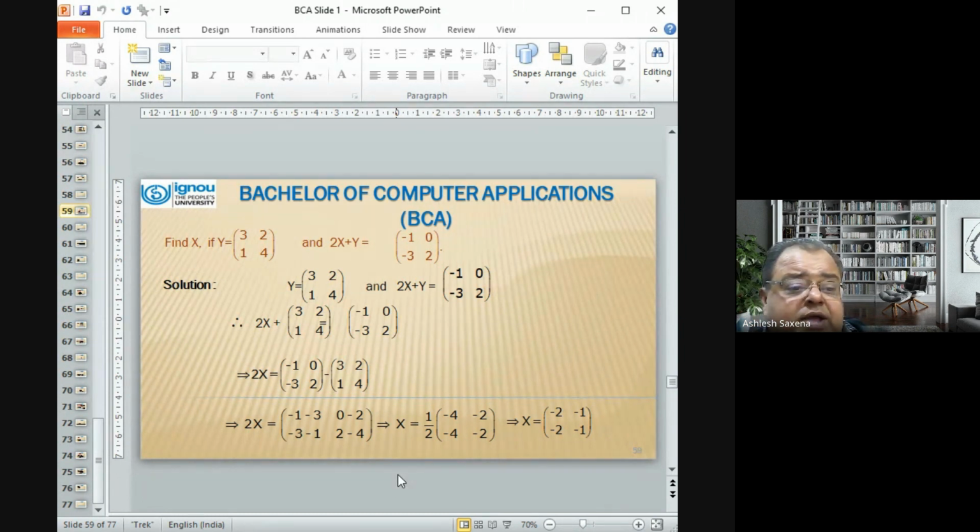Go back to the basics. First of all, you have the matrix of Y and you don't have the matrix of X. What I did: 2X plus, replace Y with the matrix, that is 2X plus 3, 2, 1, 4, which is equal to minus 1, 0, minus 3, 2.